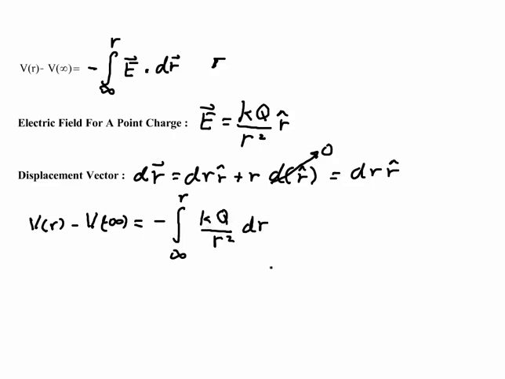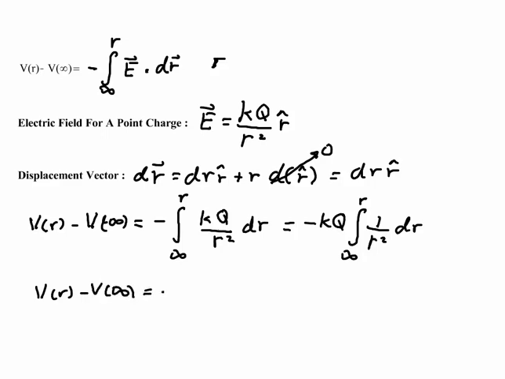Now, the k and the q can come outside, and I have an integral from infinity to r of 1 over r squared dr. This means V of r minus V of infinity, I can do that integral. I get minus kq, and then I get minus 1 over r, evaluated from infinity to r.